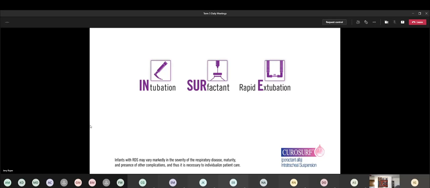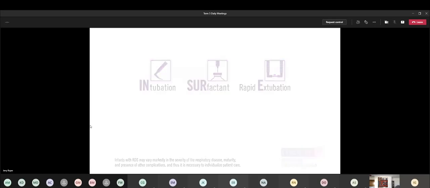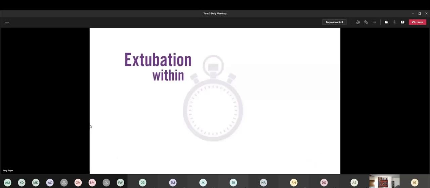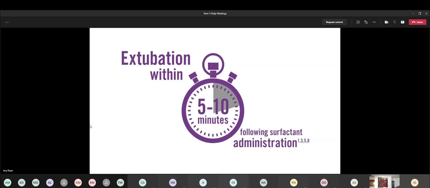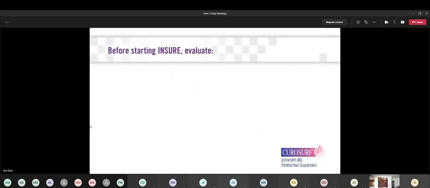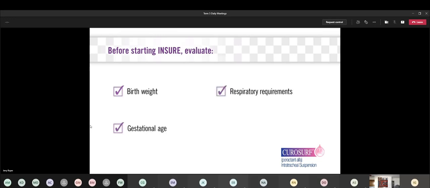In clinical studies evaluating the INSURE strategy with CuraSurf, infants have been able to be extubated within approximately 5 to 10 minutes after surfactant is administered. Extubation time may vary significantly based on the clinical scenario and should be performed when the infant is stable at the discretion of the clinician. When considering if the INSURE technique is appropriate for a specific infant, it is helpful to evaluate factors such as birth weight, gestational age, respiratory requirements, and prenatal care.